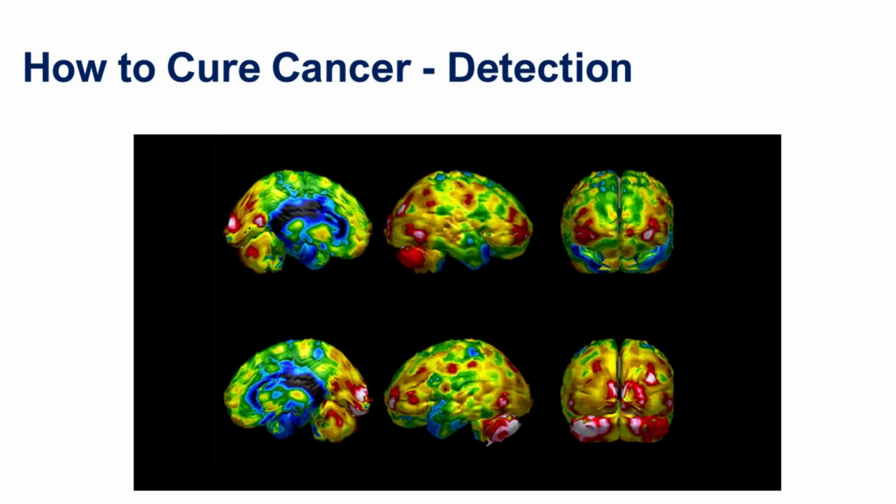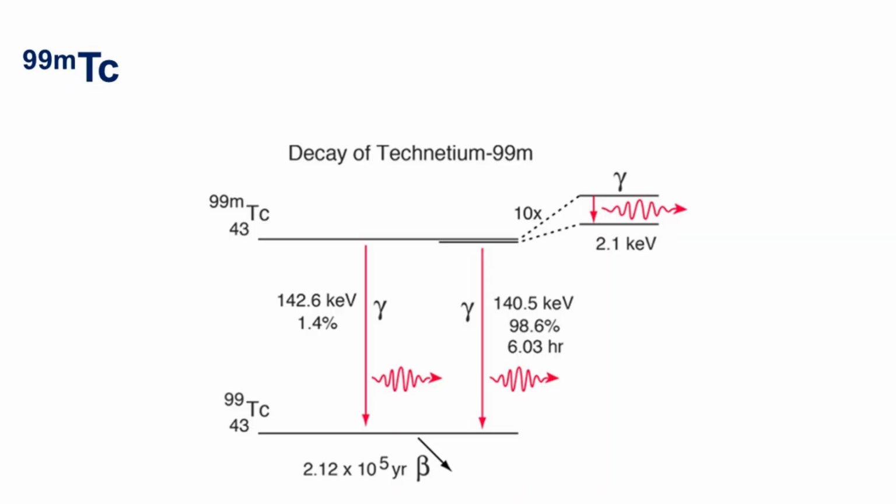The other way in which nuclear science can be used in healthcare is to help detect tumours and help image the brain. Technetium-99 is used for over 80% of nuclear medicine procedures. The advantage of technetium-99 is that it's chemically versatile, which means it's very easy to get into you. The gamma rays emitted are also low energy.